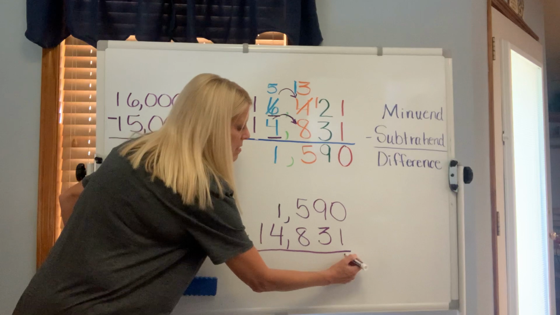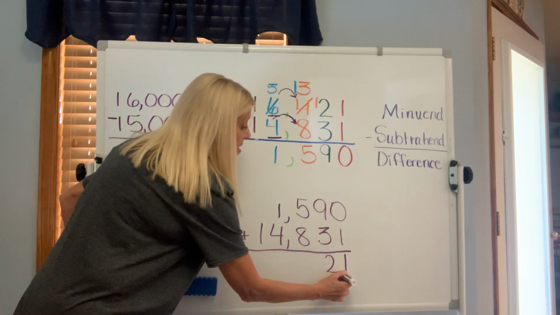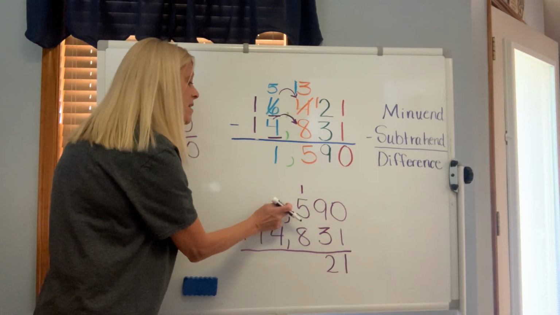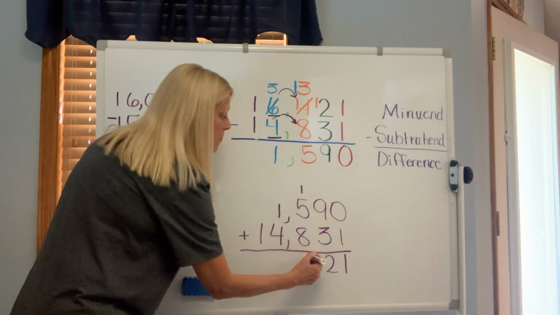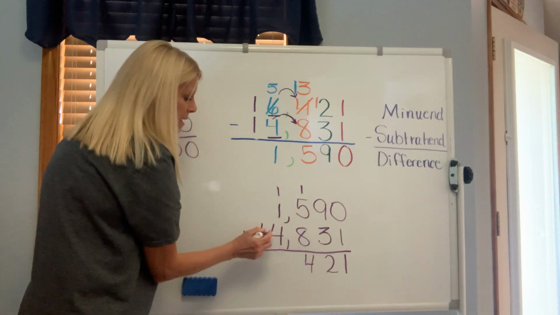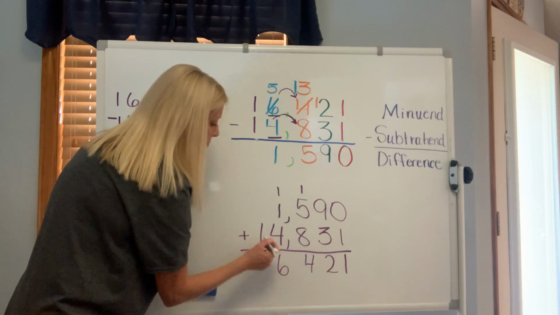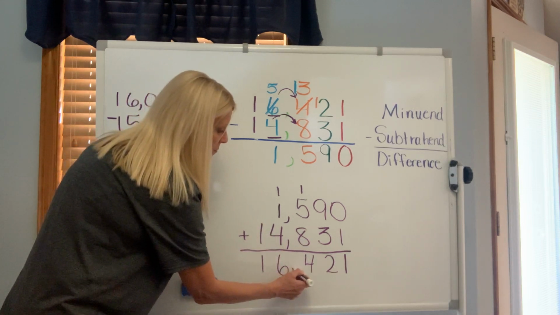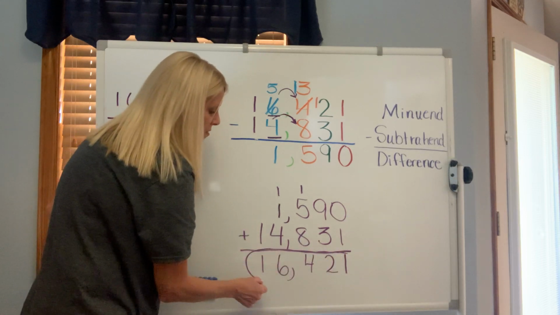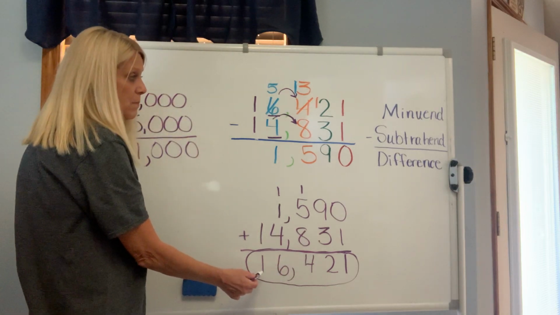0 plus 1 is 1. 9 plus 3 is 12. I carry my 1. 8 plus 5 is 13, plus 1 is 14. I carry my 1 again. 4 plus 1 is 6. And then I bring down my 1. I end up with a sum of 16,421.